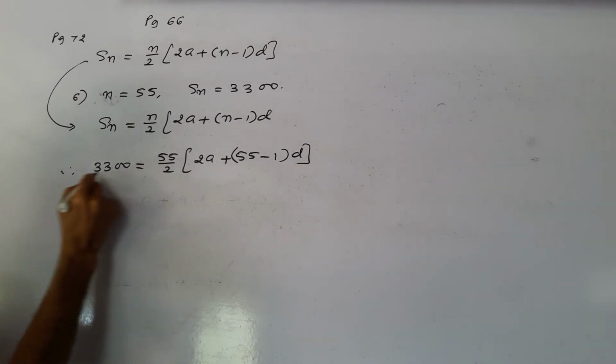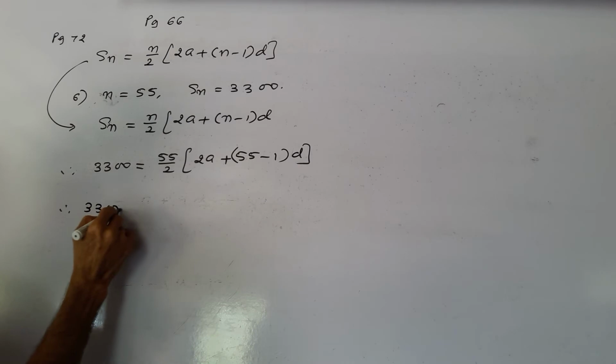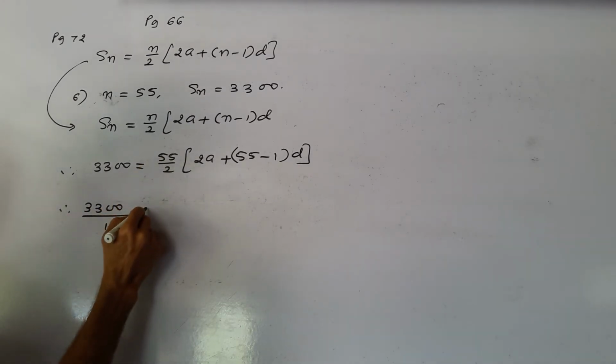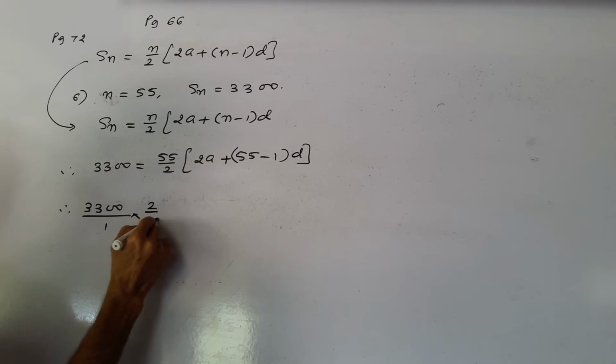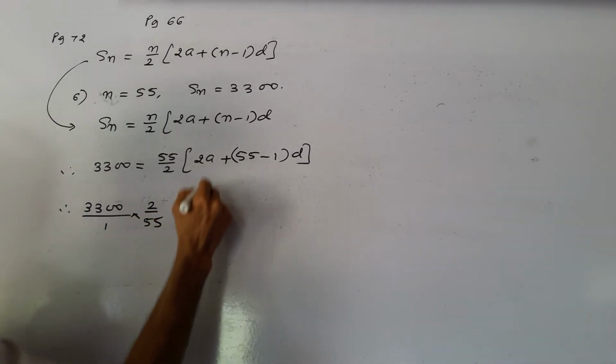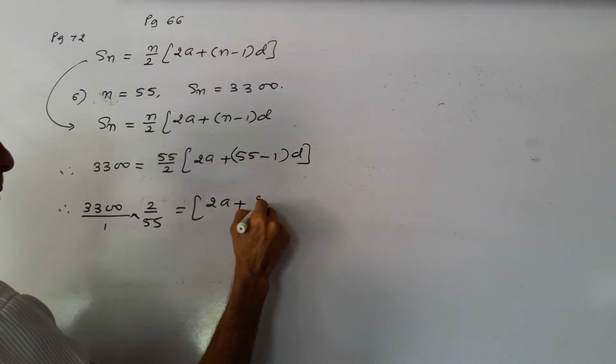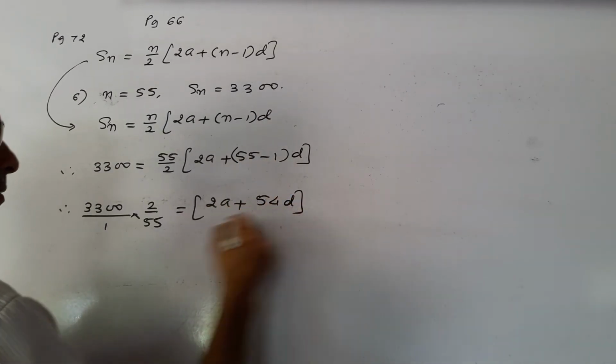And therefore now this will come here: 3300 and 55 upon 2 will become 2 upon 55, is equal to 2a plus 55 minus 1, which is 54 d.